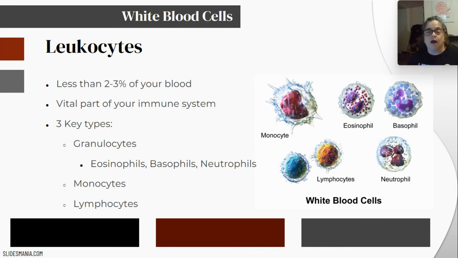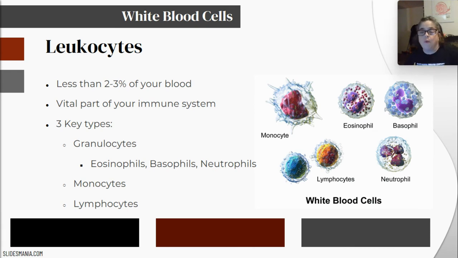They are made up of 3 key types: granulocytes, which are made up of eosinophils, basophils, and neutrophils. And then monocytes and lymphocytes.